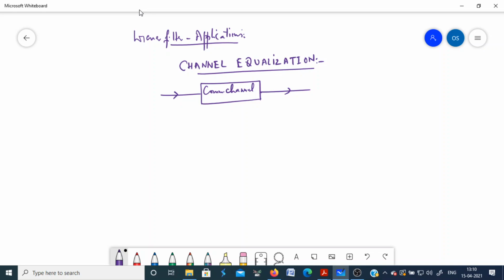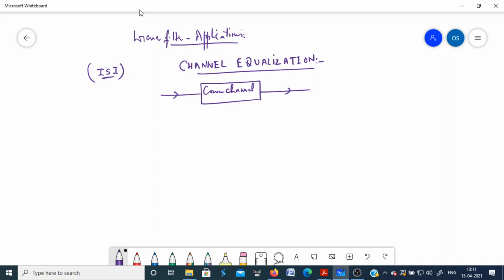When you transmit some digital pulses through this channel, there is an effect of the channel which is called inter-symbol interference, ISI. This inter-symbol interference is because of the dispersive nature of the communication channel.